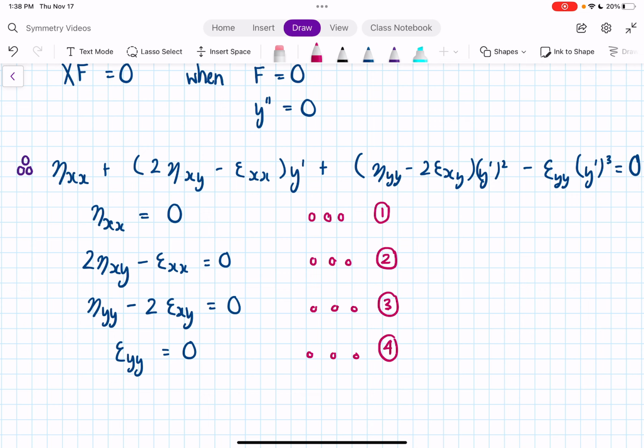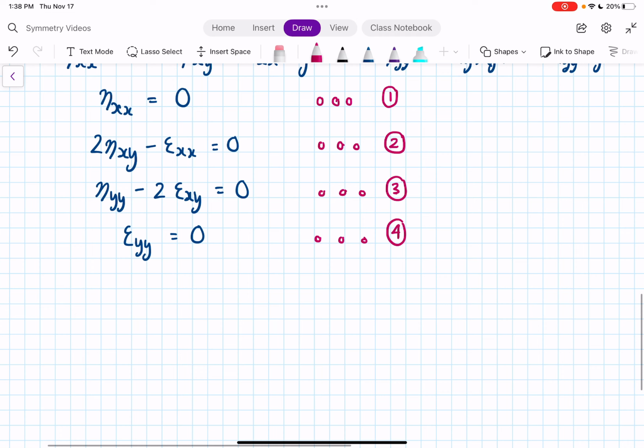Okay, so from these equations now, we are going to try to determine my eta and my xi. So let's see what we can do. So from 4, that's what 4 tells me.